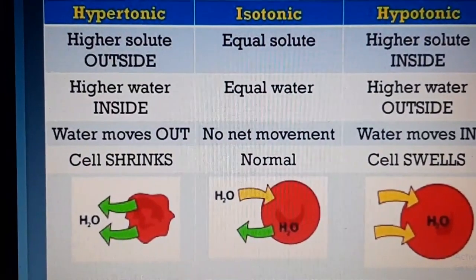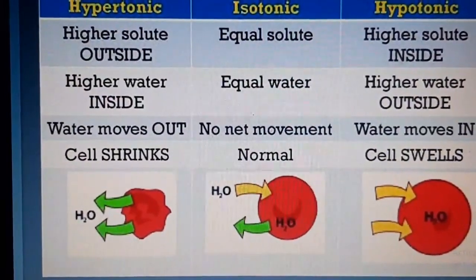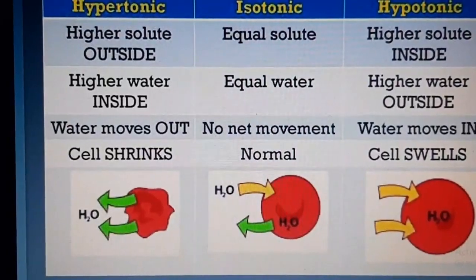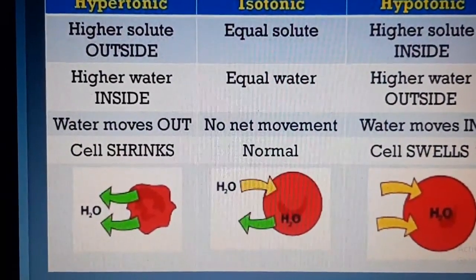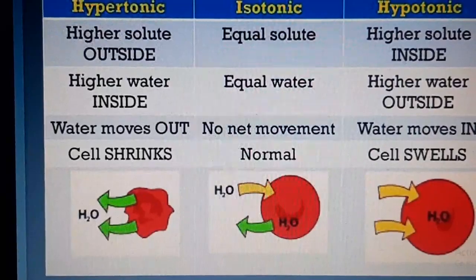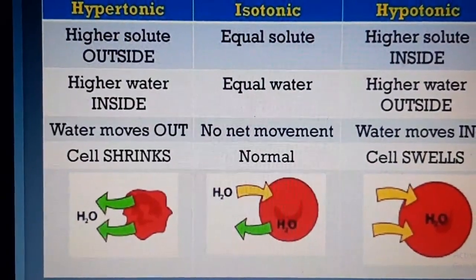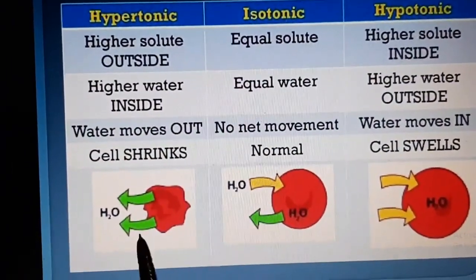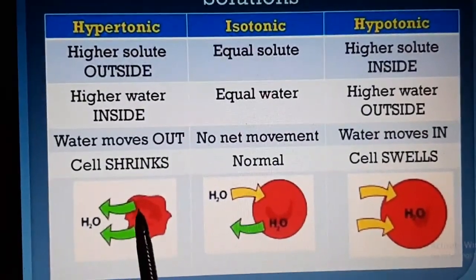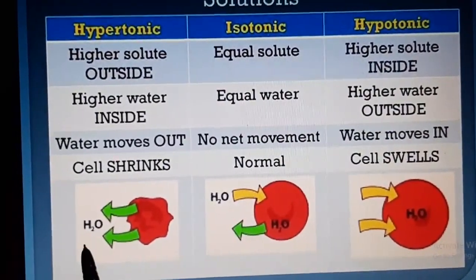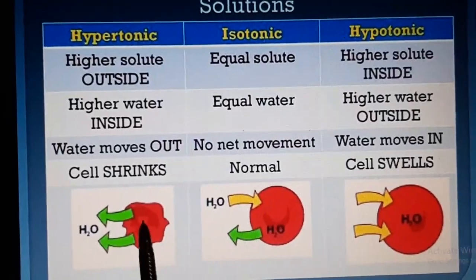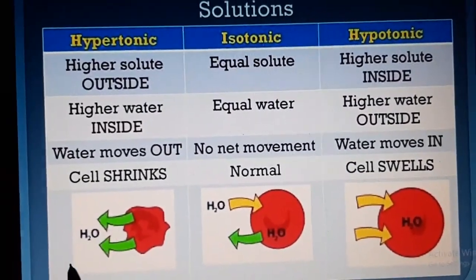If there is high concentration of water inside, what will be the concentration of water outside? It will be low. And we know that water moves from high concentration region to low concentration region. So water moves from inside to outside.